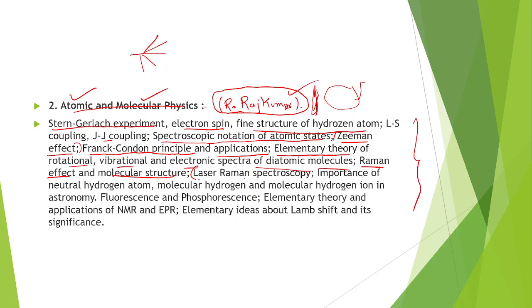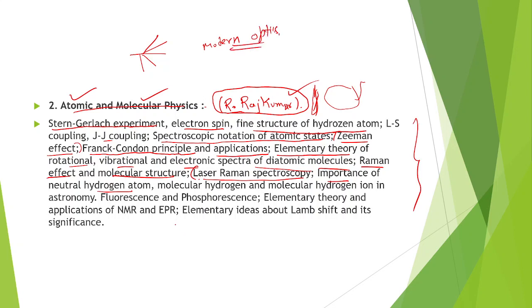For laser, we have already done, no? In the first paper also we have laser in modern optics. So let's see. We have laser, Raman spectroscopy, importance of neutral hydrogen atom. So laser we don't need to do here. We are going to cover it in modern optics. So that's a good thing.